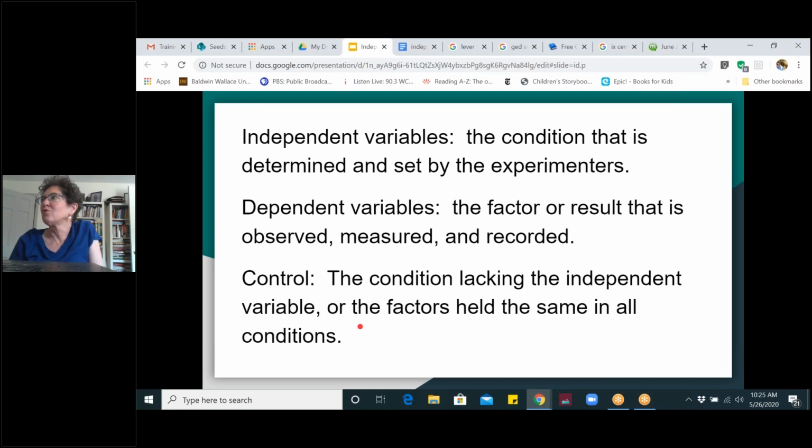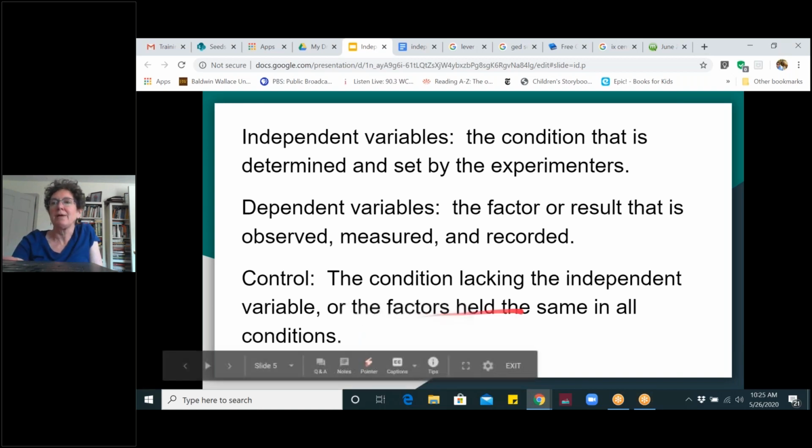If group B grew really beautifully and we said, oh, it must be the fertilizer, well, how would we know if we didn't have some that didn't get the fertilizer so we could see the difference? Right. So that's the control group.